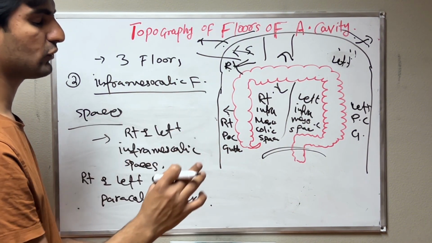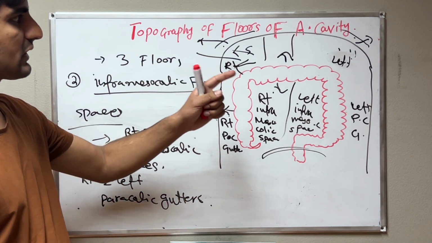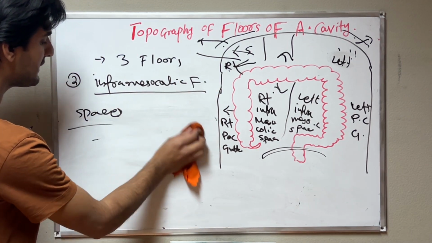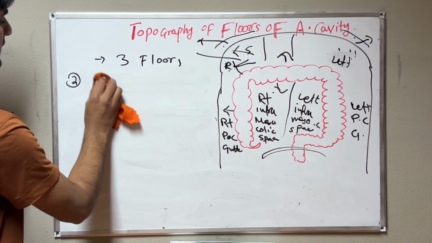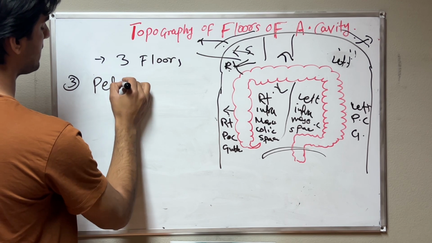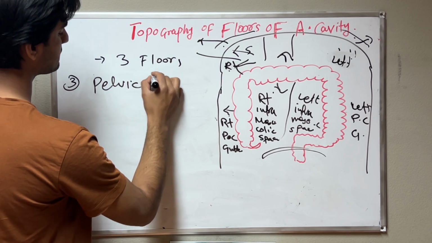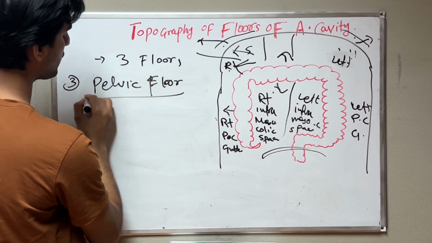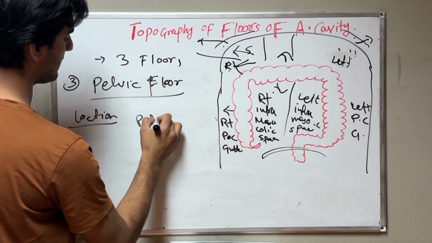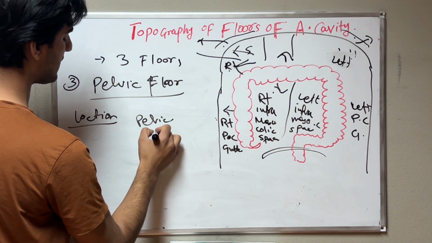Okay, these are the 2 floors which we discussed in the topography of the floors of the abdominal cavity. Then we have the third one, the last one, the pelvic floor. Its location is in the pelvic area, the pelvic cavity.